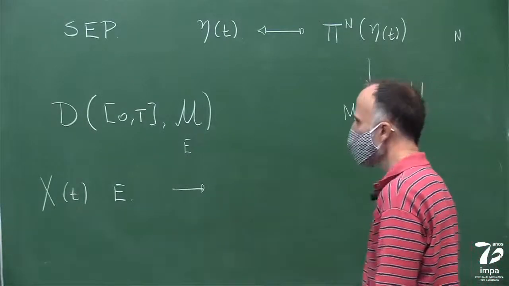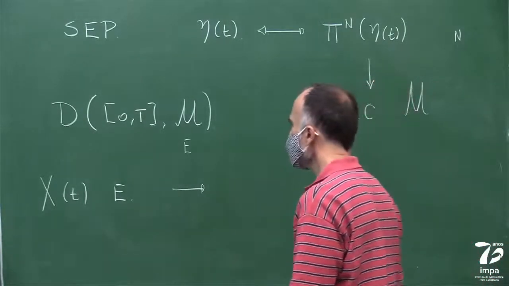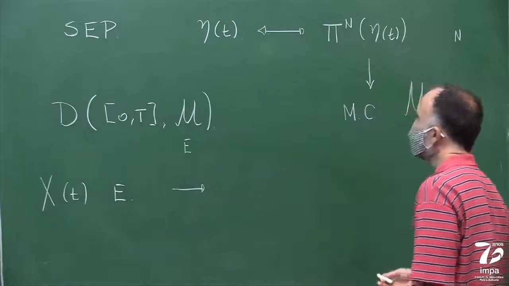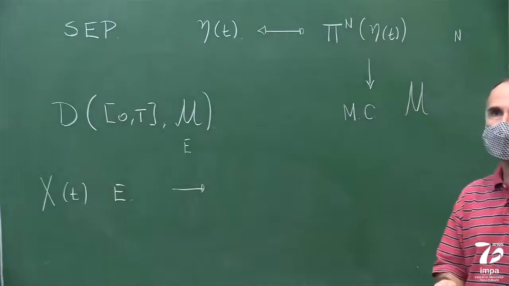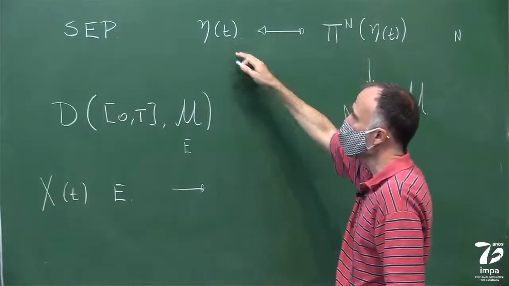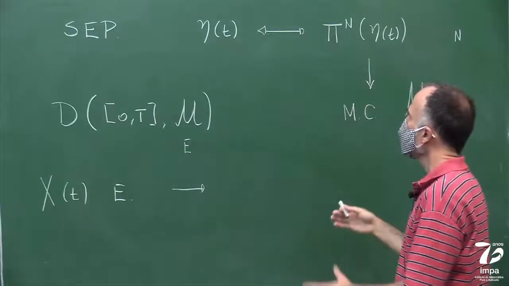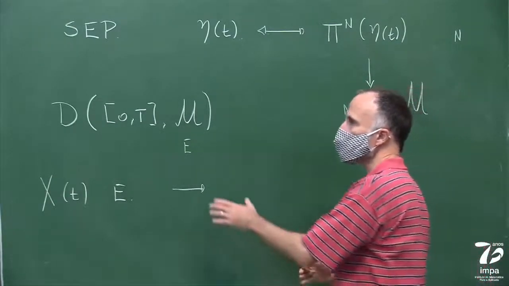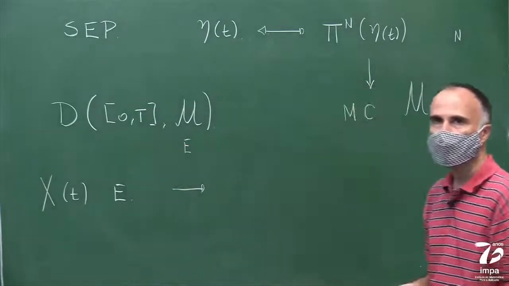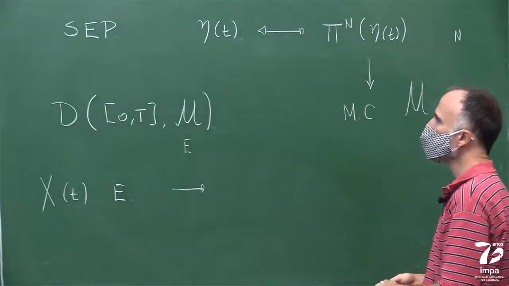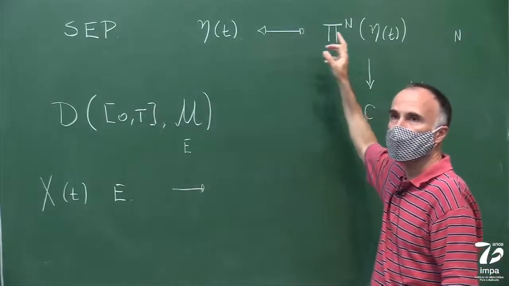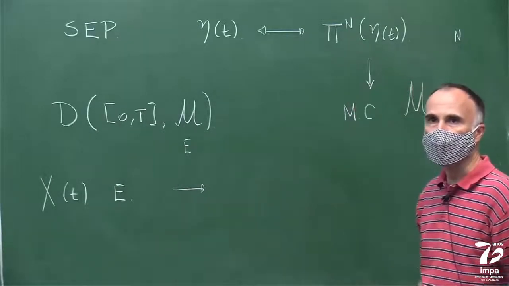So what we have is that if I give you an initial state, and since we define this Markov chain, with these two ingredients, now I can define a measure in this space. This is the measure induced by the initial measure of my process and by the dynamics.